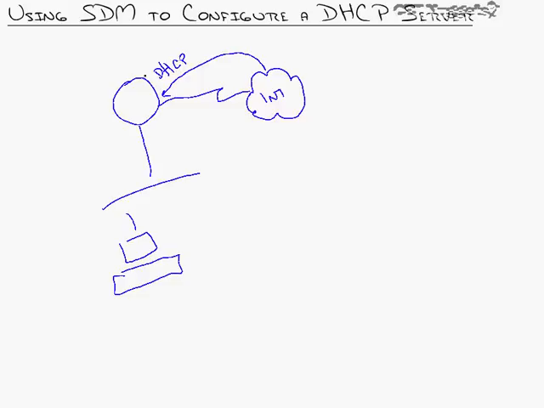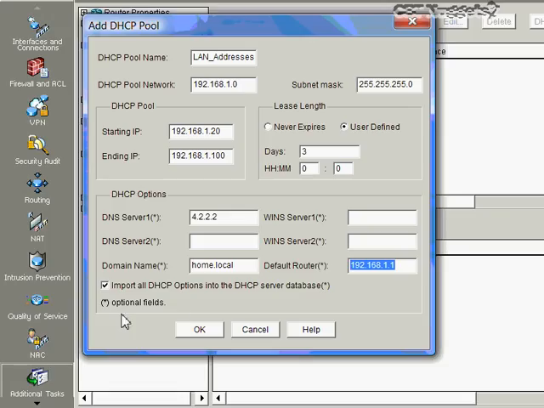When they give me an IP address, they might give me a DNS server, a WINS server, or all kinds of other options, or a domain name might come from my internet service provider and be assigned to my router interface right here. What this option says is import those from your DHCP address.